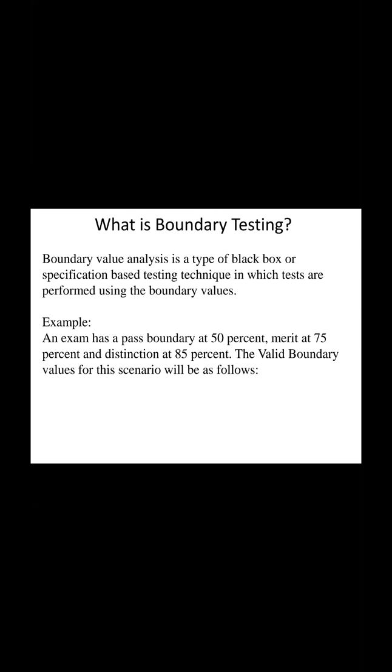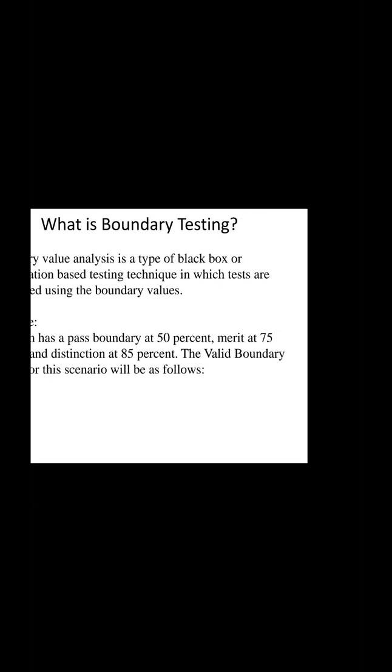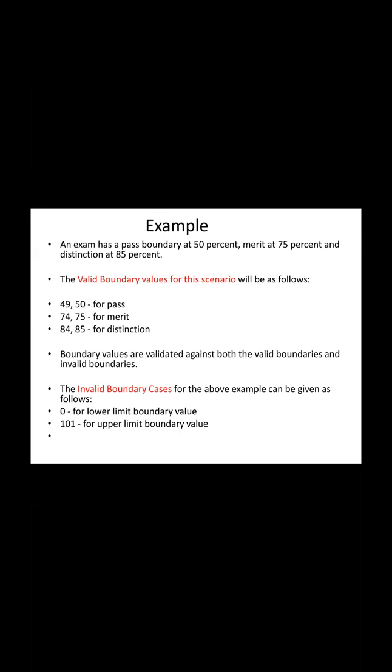In that particular example, with merit at 75% and distinction at 85%, the valid boundary values for this scenario will be as follows. An exam has the pass boundary at 50%, 75% for merit, and 85% for distinction.